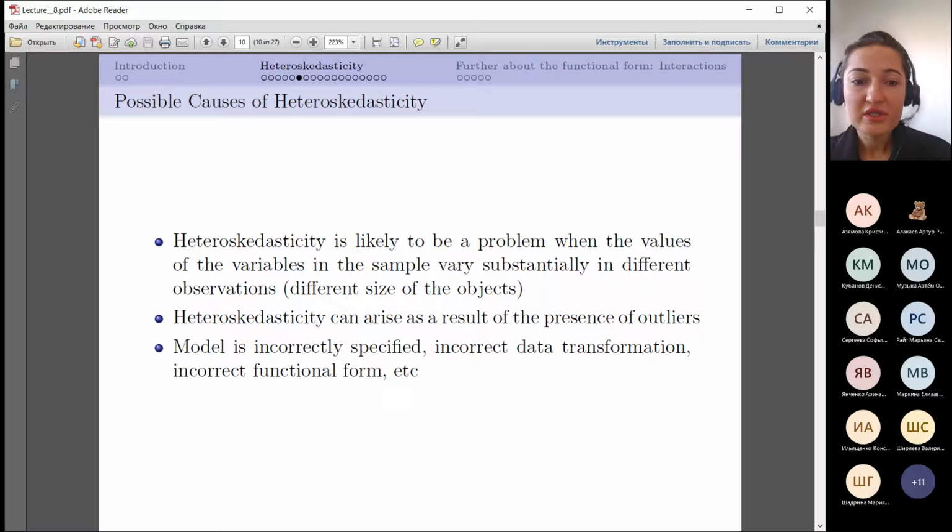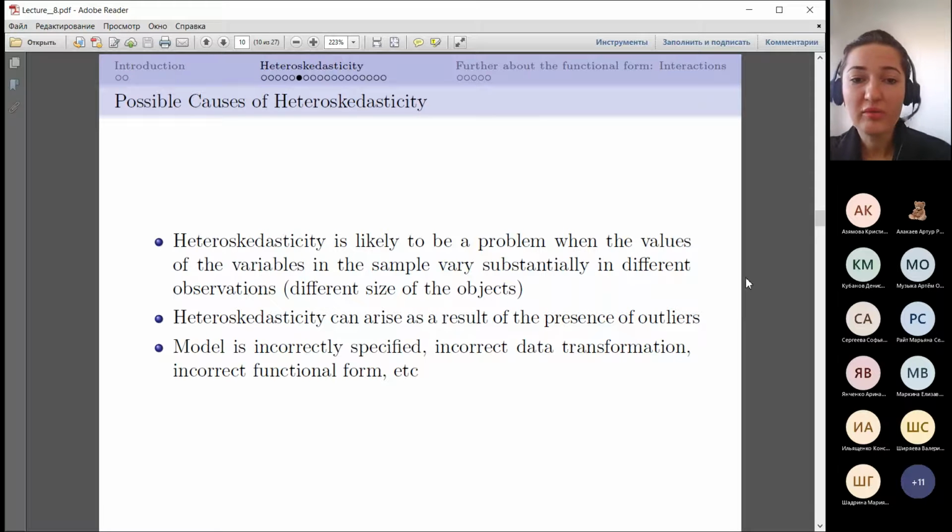Also, skewness in the distribution of your regressors could give rise to the heteroscedasticity problem, or incorrect data transformation, or also if you have an incorrect form of your model. For example, you run a linear regression model, but instead you need to run a log-lin or lin-log or log-log model and so on.